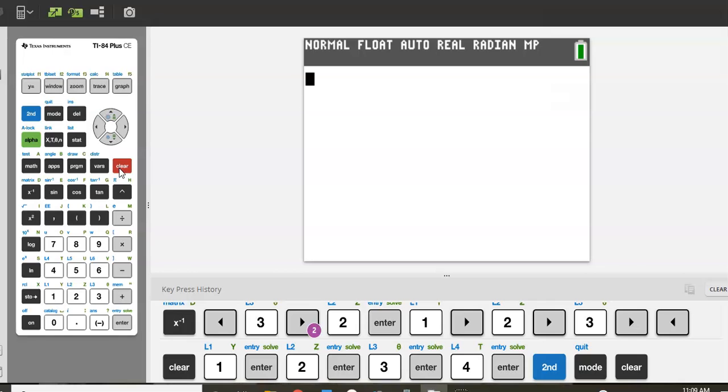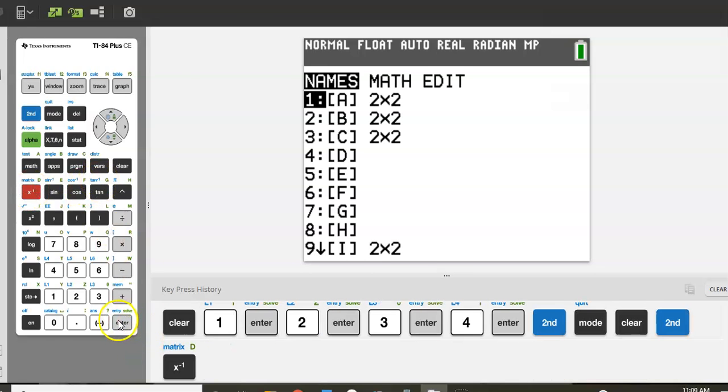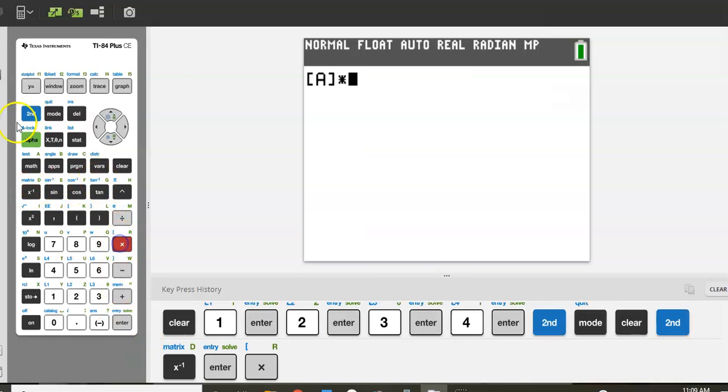And that's true. It doesn't matter how you group them. I could take matrix A times matrix B.